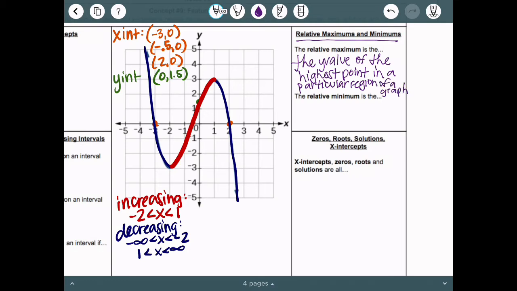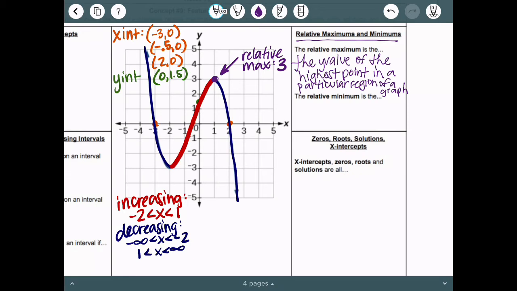All right, so we're looking for the highest point. It might not be the highest point overall, but it is the highest point in a particular region. So in this case, I might say that this is a relative maximum. So relative to the points around it, this is the highest point that we see. And so we would say that the y value here is 3, right? So the relative maximum is 3.